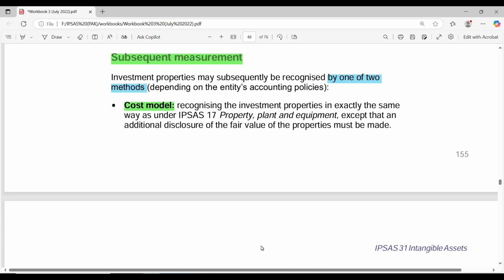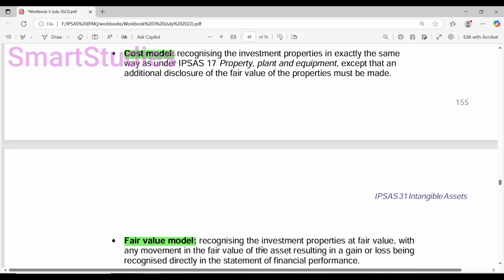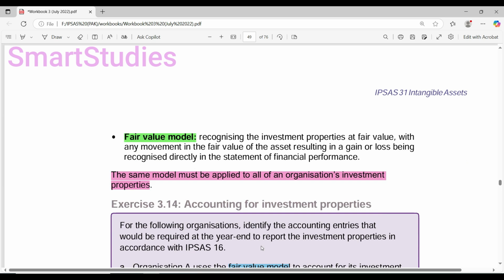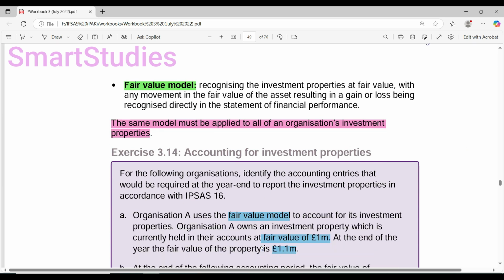You may recognize them by one of two methods: cost model or fair value model. The cost model is similar to what we discussed in initial recognition, and the fair value model measures the investment properties in subsequent years on a market value basis.